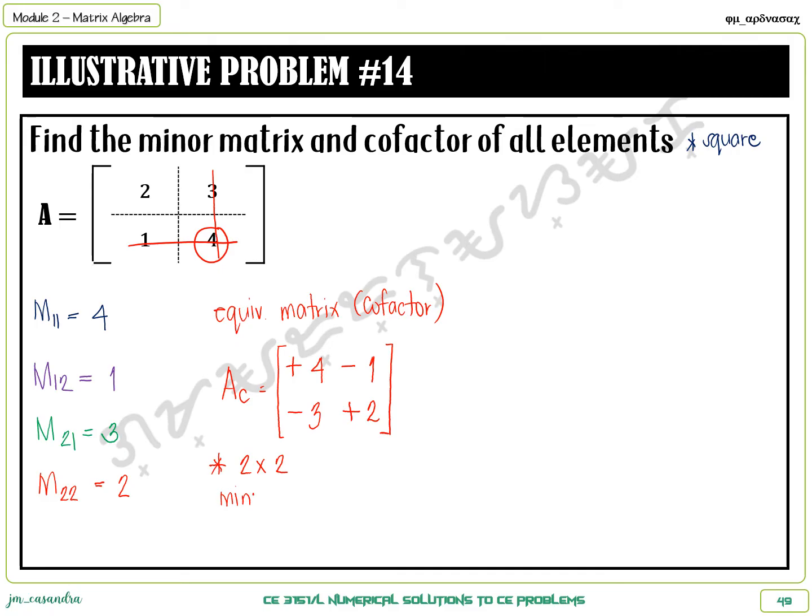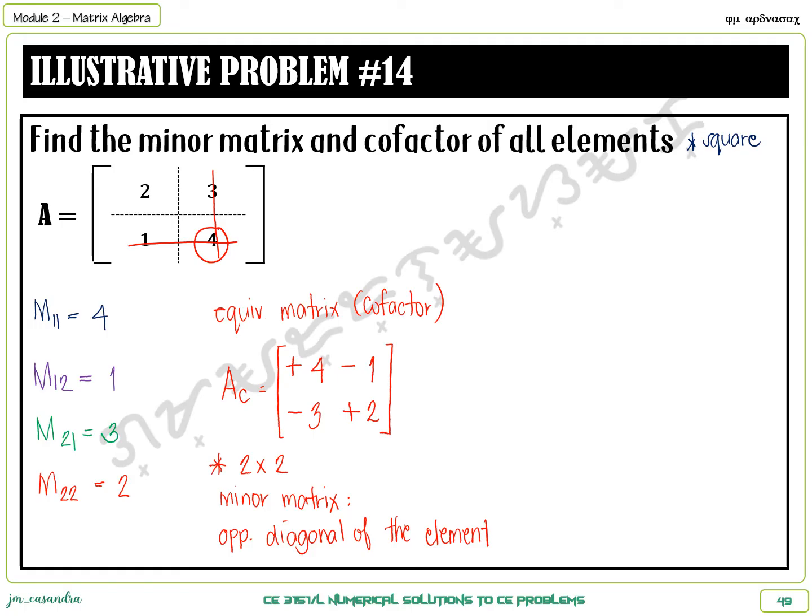your minor matrix is simply equal to the opposite diagonal of the element.